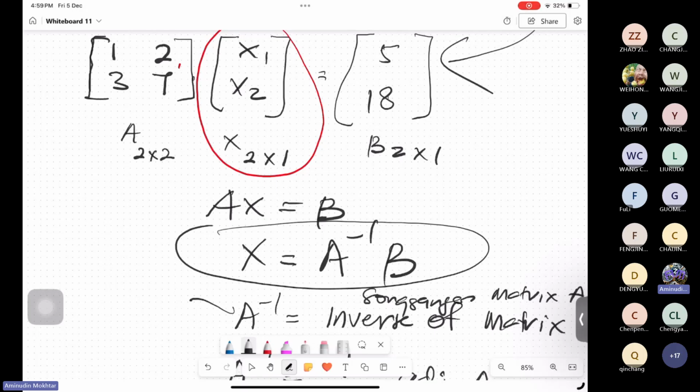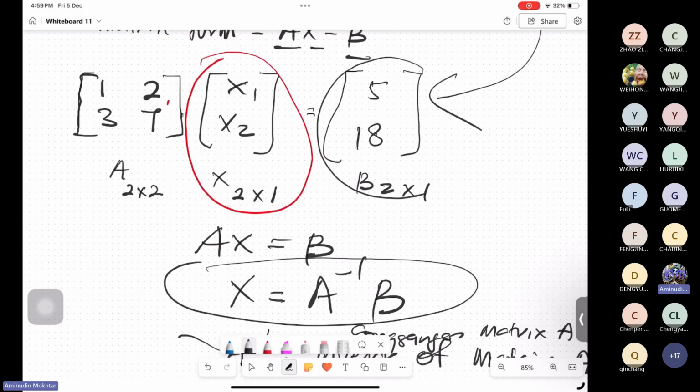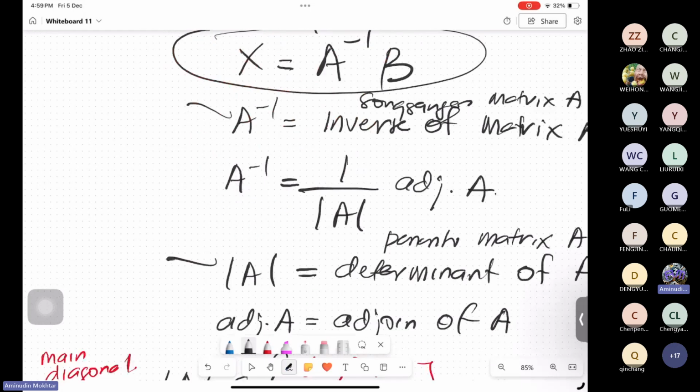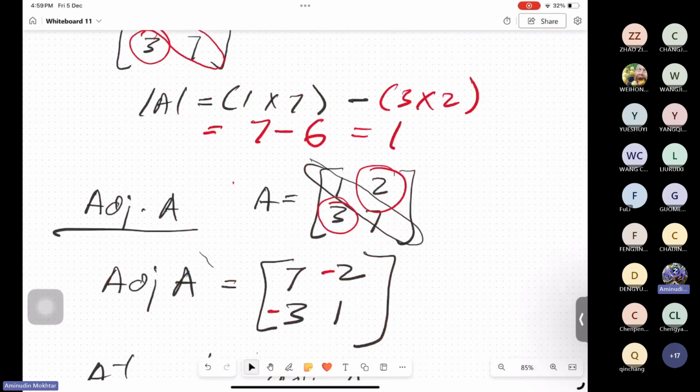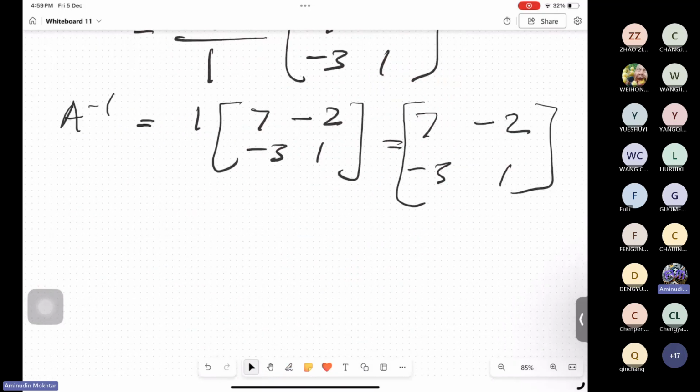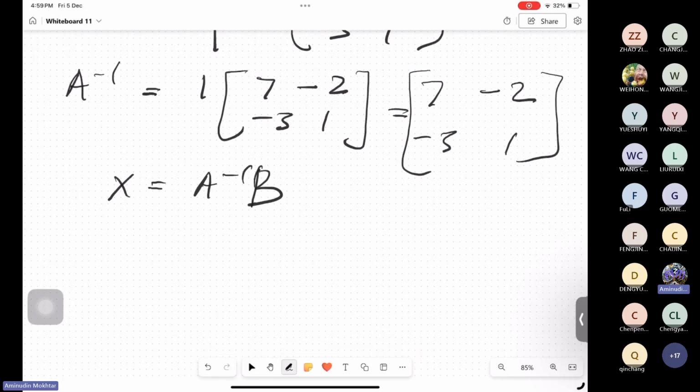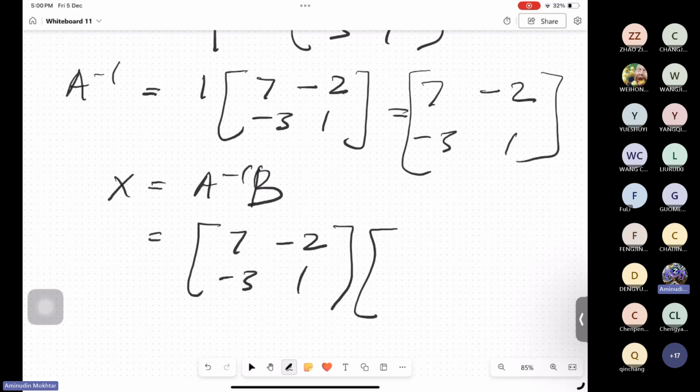So we know A inverse, and we know B. B is 5 and 18. In order to find the answer, x equals A inverse times B. A inverse is 7, -2, -3, 1 times B. B equals 5, 18.